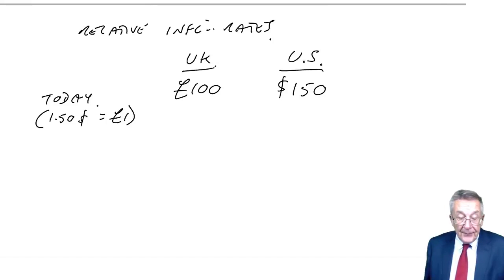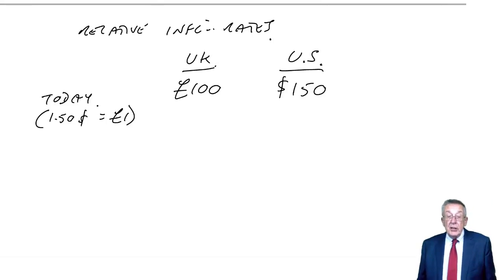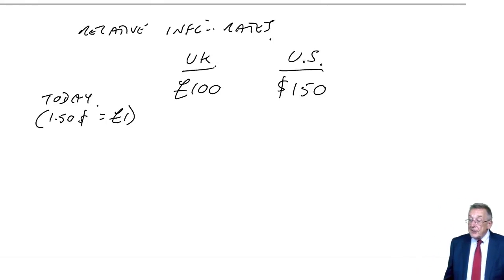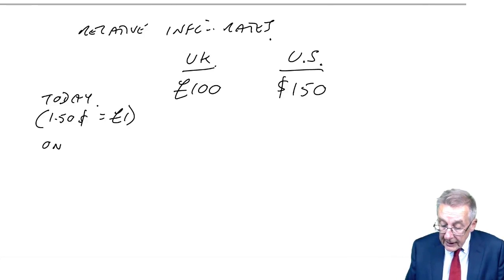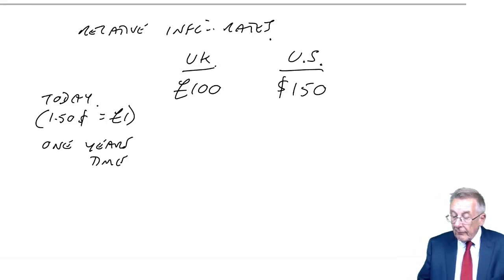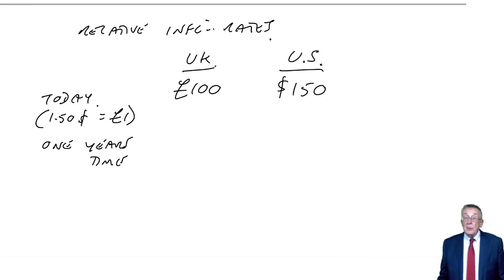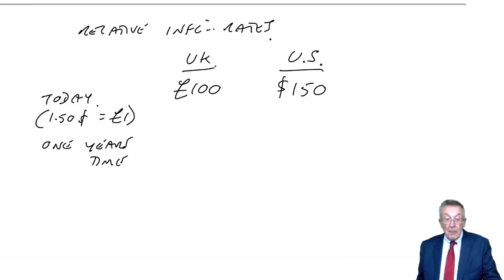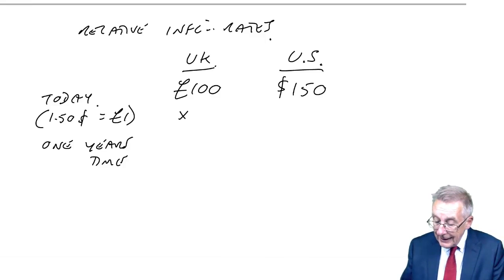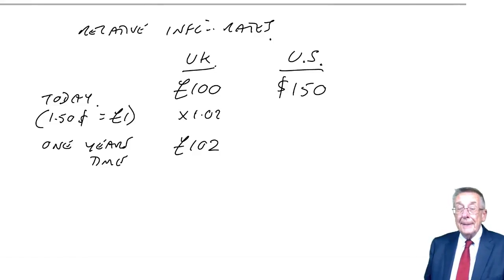There's inflation. It's 2% a year in the UK, 4% a year in the US. So in 1 year's time, the price in both countries will have gone up by inflation. In the UK it's 2%, so the price will have gone up to £102.